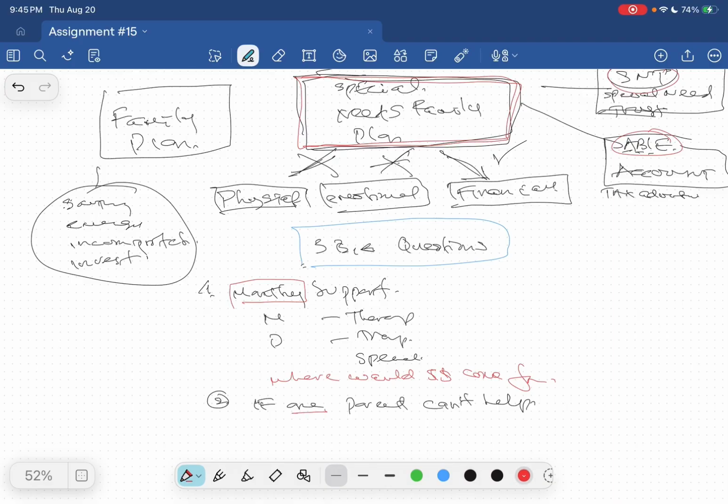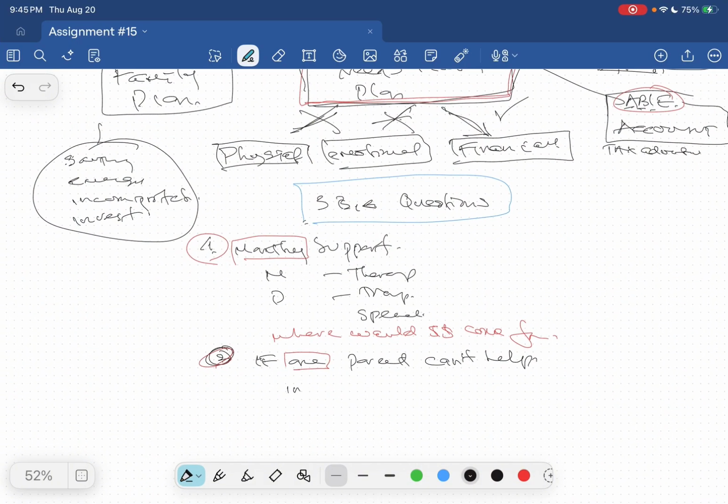Now we have only one parent dealing with all of this. The family may lose income at the same time that caregiving and medical care expenses are increasing. This is a very big concern that we also have to address. We need to factor in income plus care for the child. We're dealing with both the income and the care.